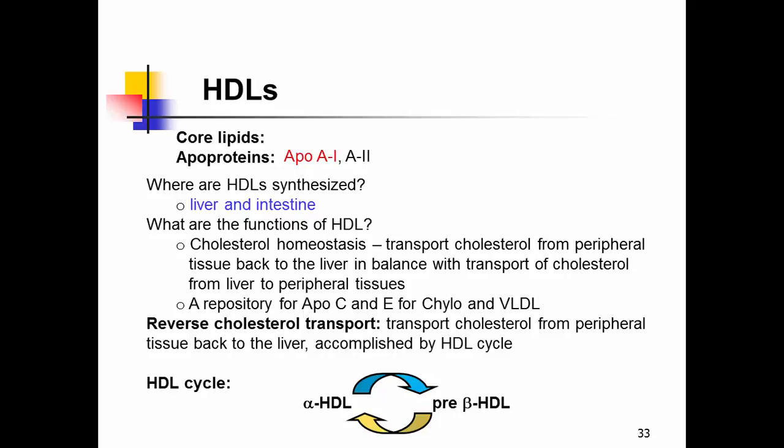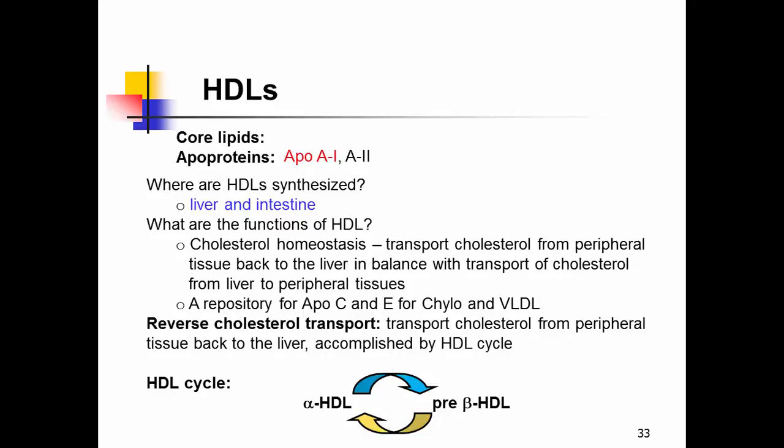And HDL, you already know, is considered good cholesterol, or good lipoprotein. That means we want to have higher levels of HDL and lower levels of LDL, because LDL is the bad lipoprotein.